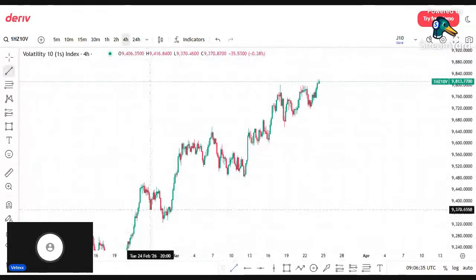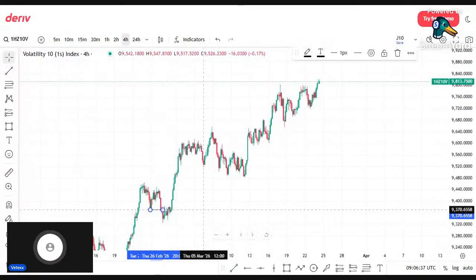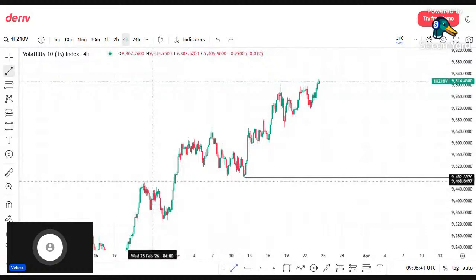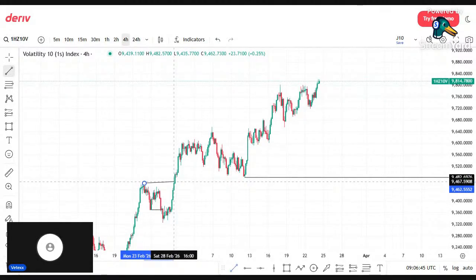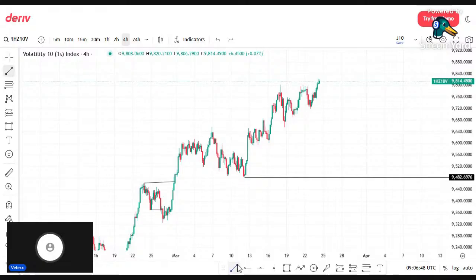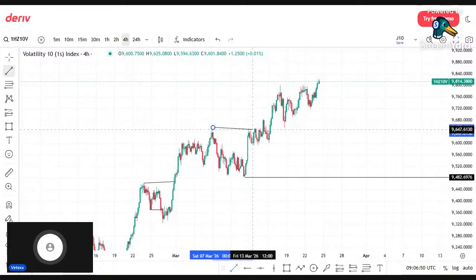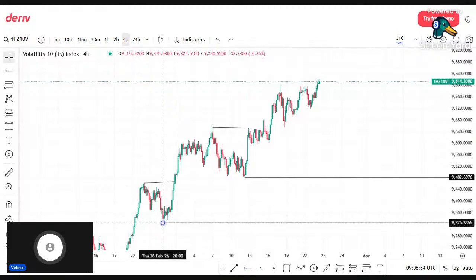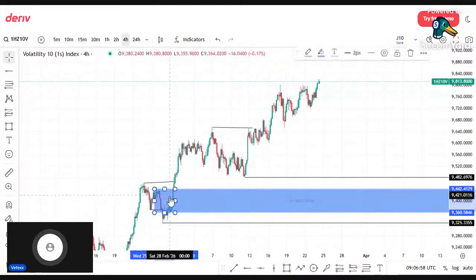We have a sweep of liquidity, and then we have a structural liquidity, and we have our rule number two here, which is our break of structure around here, and our structural liquidity, which is here. We have this protected low, which is here, and this becomes our point of interest.